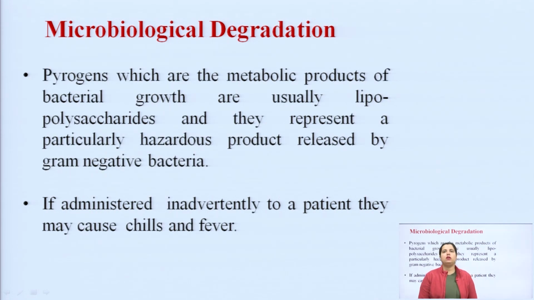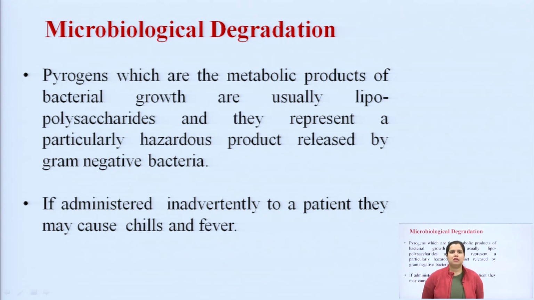Regarding microbial degradation, pyrogens, which are the metabolic products of bacterial growth, are usually lipopolysaccharides, and they represent a particularly hazardous product released by gram negative bacteria like E. coli, Escherichia coli.